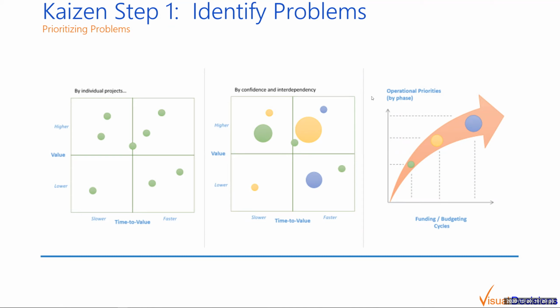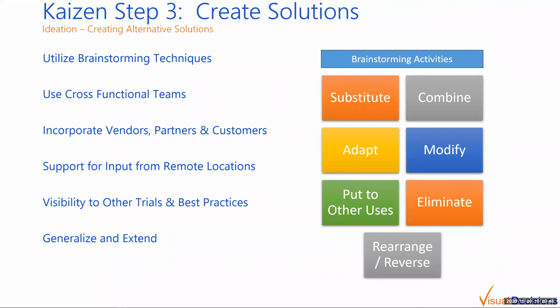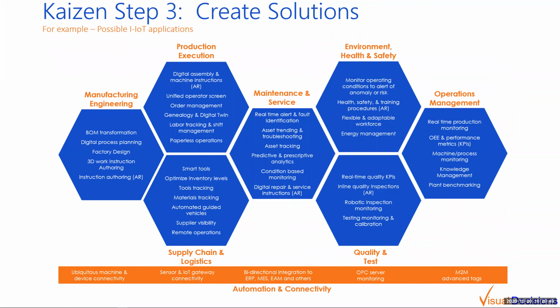So, this yellow one here was a great one to work on because it was high value, it was fast, and I had very high confidence in the project being a success, that my people were ready for it and would embrace it and so forth. Sorry, I didn't notice that until now.